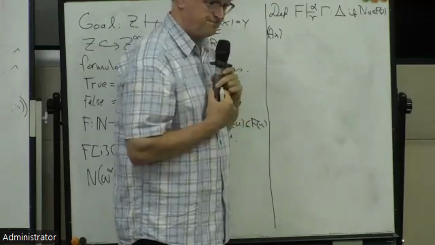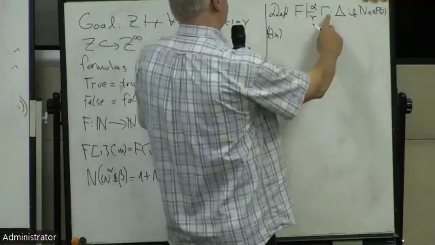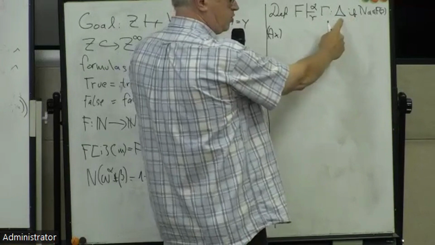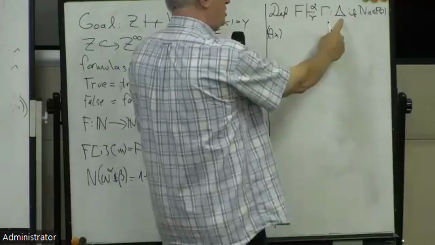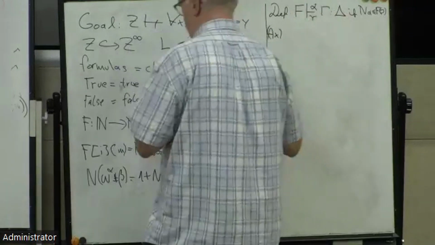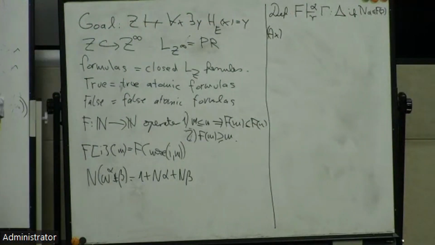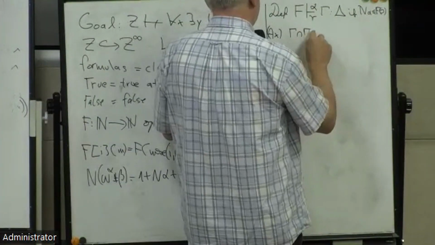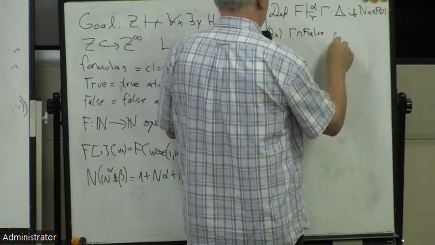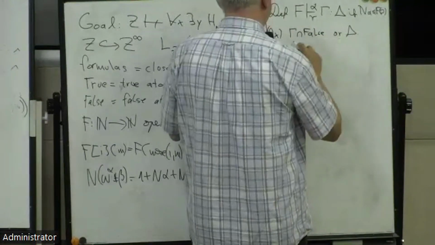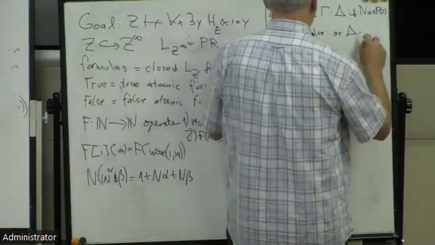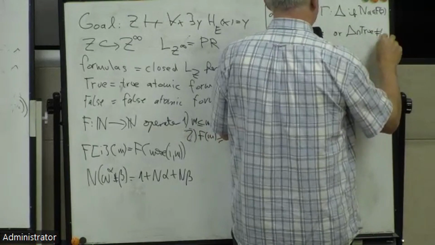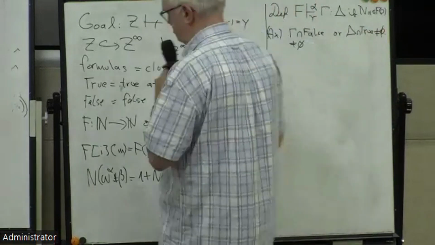So if gamma contains a false formula, then this should be derivable. If delta contains a true formula, it should also be derivable, because if the disjunction contains one true formula, the disjunction should hold true. So if gamma contains a false formula or delta contains a true formula, then we have derived an axiom.